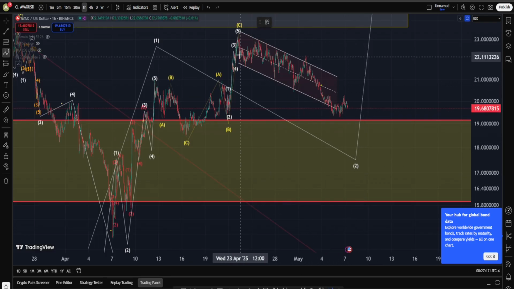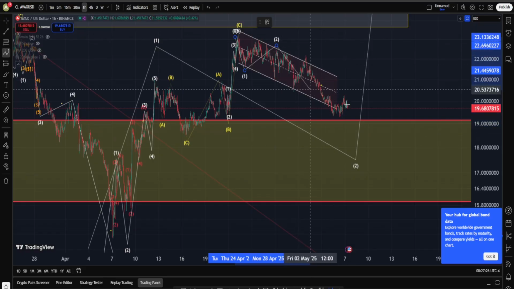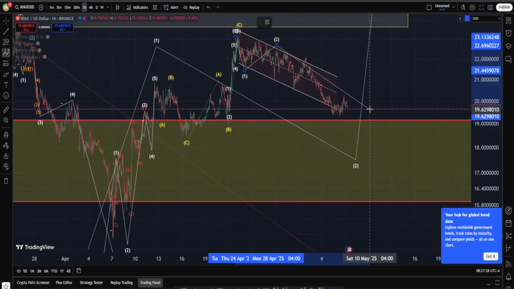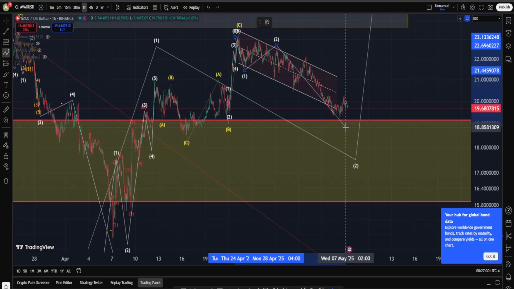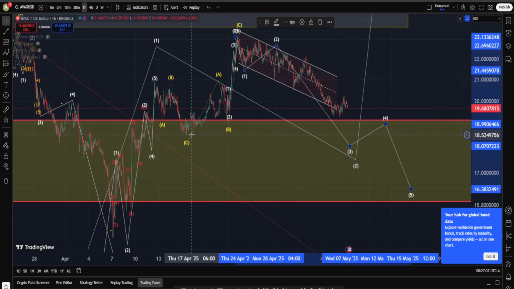But if this is the case, I can tell you, maybe, sure, this is one, and then probably to about this point correction for wave 2, and maybe from here we're having a series of 1, 2s, which means this move down is actually going to be quite deep into wave 3, 4, 5, and in it, who knows, we may even take this low, but we may not stop there.